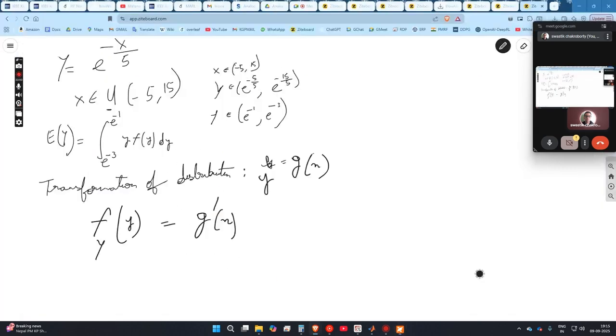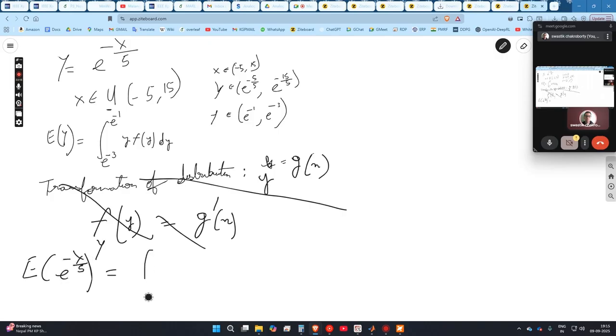So let's not do the transformation of distribution here. We will not be using that. Instead, directly we will calculate the expectation of e to the power minus x by 5.